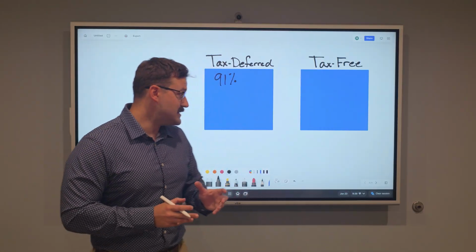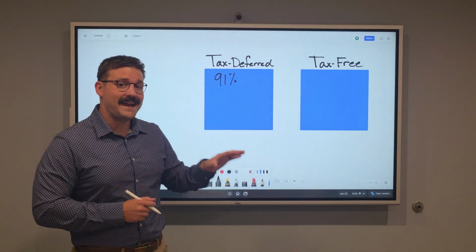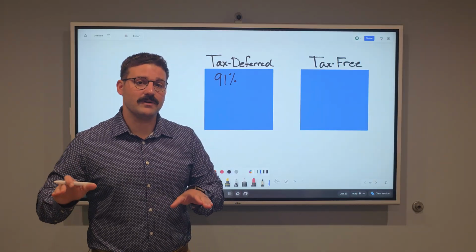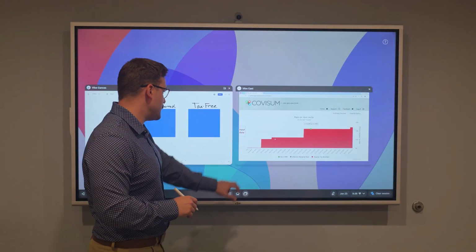What it comes down to is you're putting money into this bucket that you don't have to pay taxes on yet, but whenever you draw from it, you're going to be paying taxes on every dollar that you're pulling from that. I have a quick scenario that I wanted to show you here.